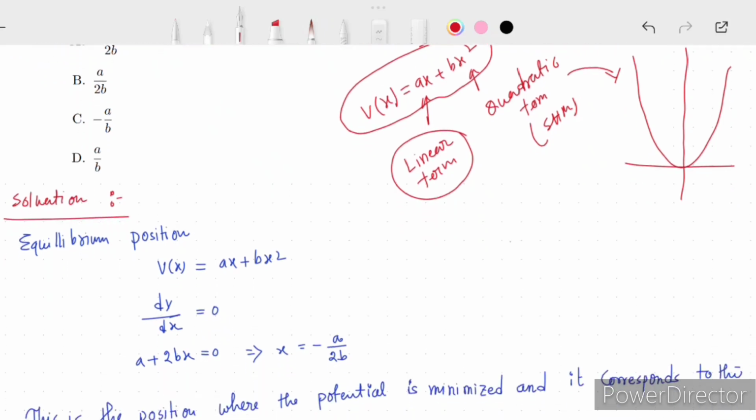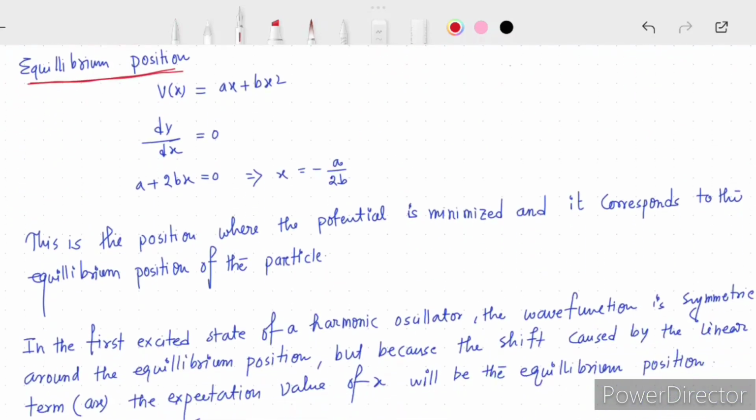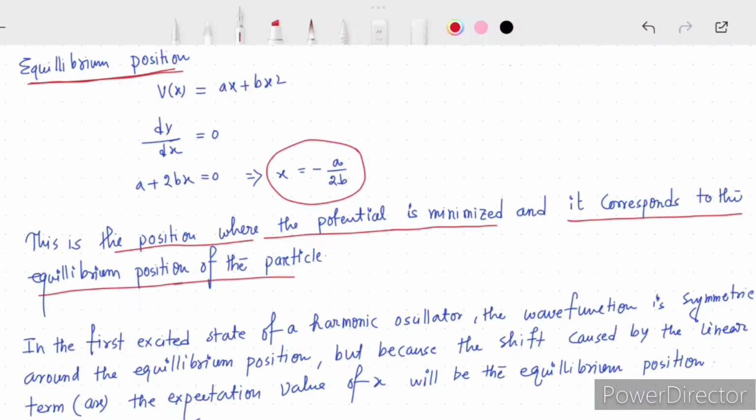First of all, we calculate the equilibrium position from this potential. We get the equilibrium position at x equals -a/2b. This is the position where the potential is minimum, corresponding to the equilibrium position of the particle.